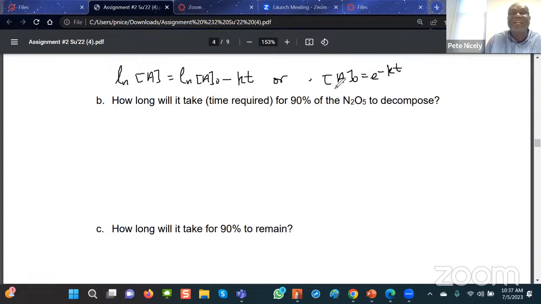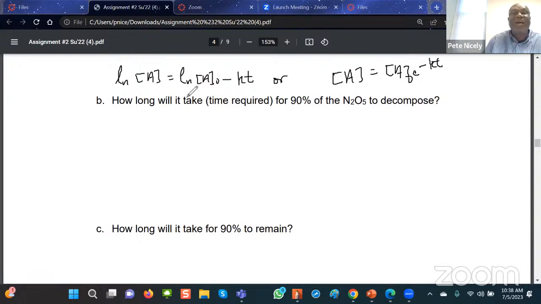I'm sorry, I'm rushing. Let me do this again. You could use concentration of A is equal to concentration of A0 times e to the minus kt, all right?